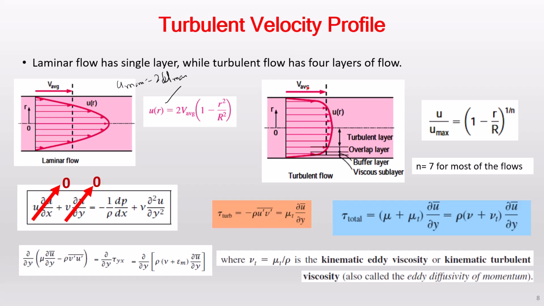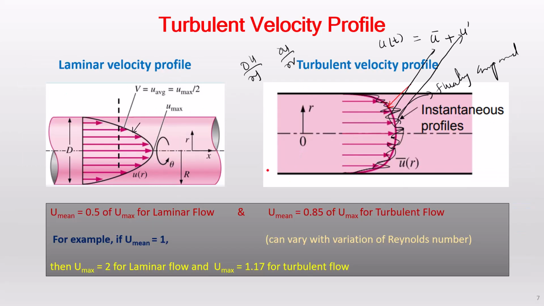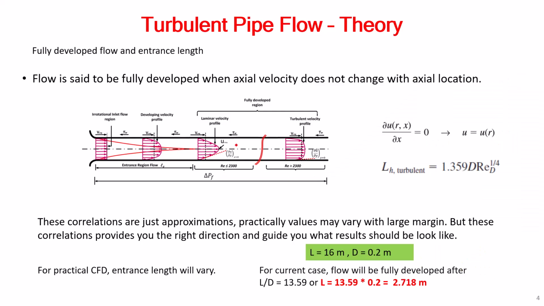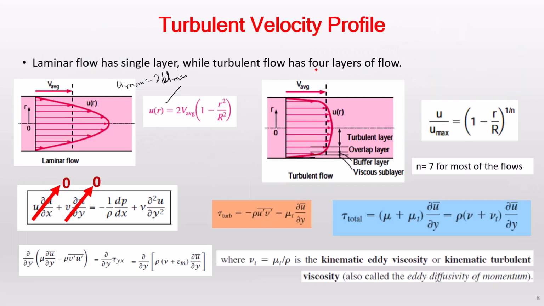In turbulent flow, it is different, it is on the lower side, but it has a steep gradient on the wall side, which I discussed earlier also. Inside, in the core region, it becomes almost straight.